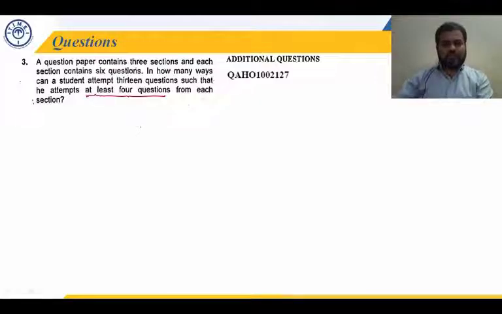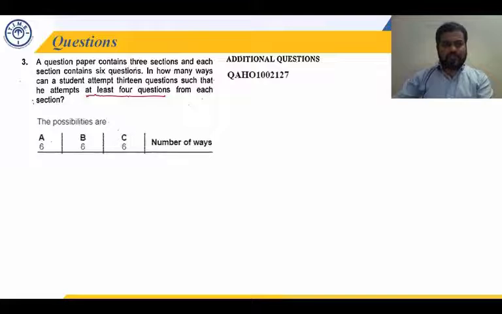So let us first look at what are the possibilities. Okay, so these are the possibilities. So let's name the sections as section A, B and C, and there are 6 questions in each section. So if he has to attempt at least 4 questions from each section, let's start with that minimum quantity.